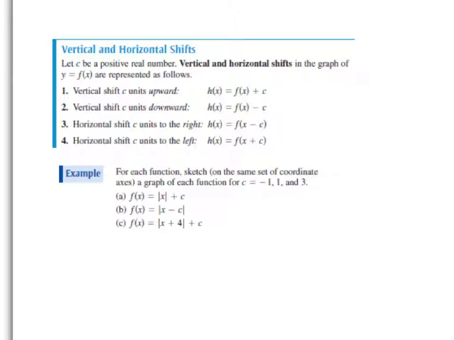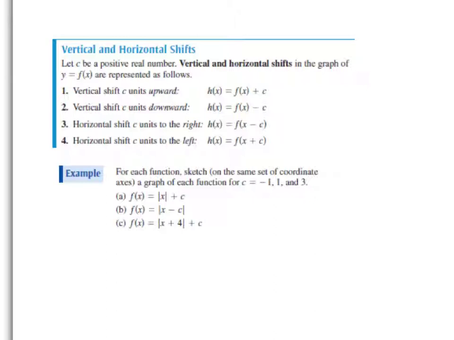So if we look down below, you can sketch the graph and get an idea of what's going on. I just really want to talk about what the effect on the graph is going to be. So if we're looking at A, if I plug in negative 1 for c, this would be absolute value of x, in this case minus 1, that is actually going to move the graph down 1.